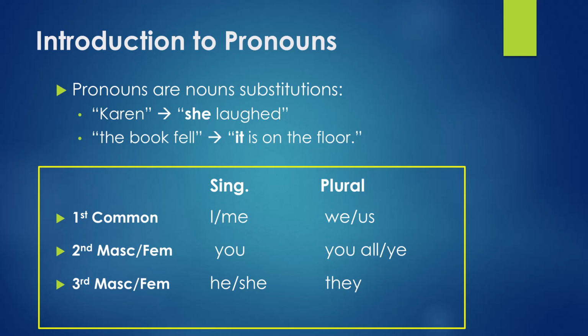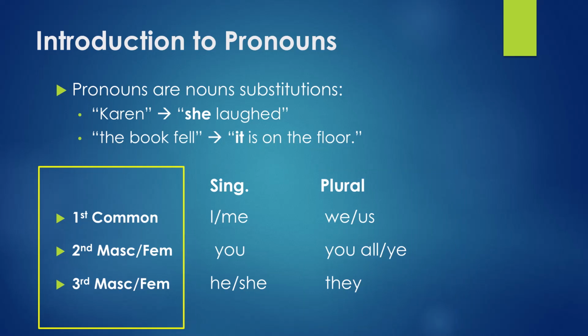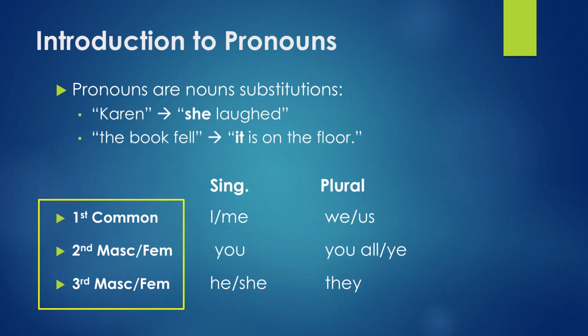Now we've already seen what gender and number mean in Hebrew. So you may be wondering, what does person mean? Person simply refers to who is speaking, who is being spoken to, and who is being spoken about. Hebrew, just like English, has three persons. It has first person, the one speaking. This is a pronoun like I or we.